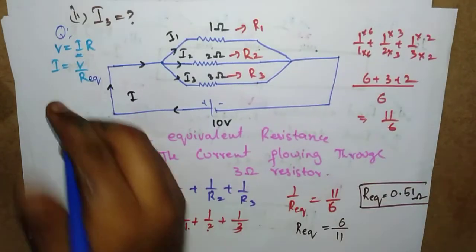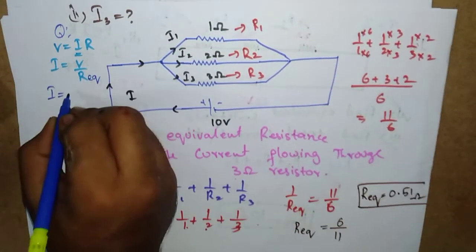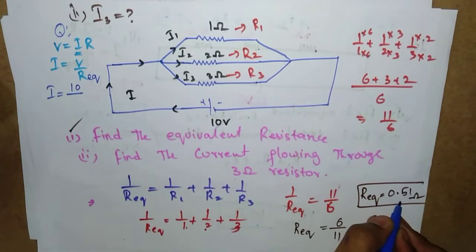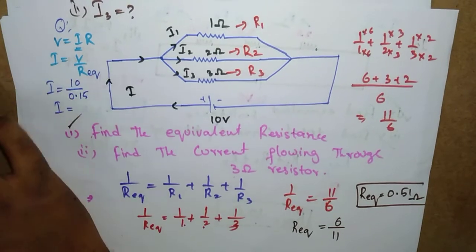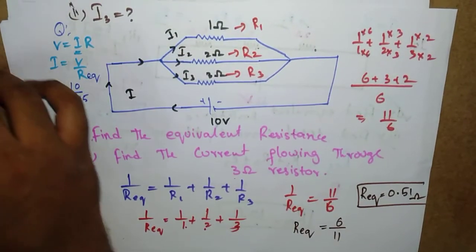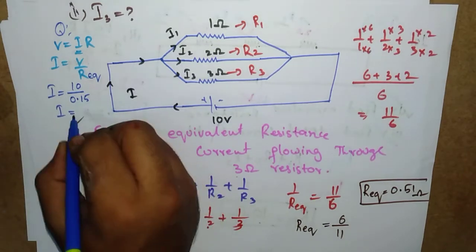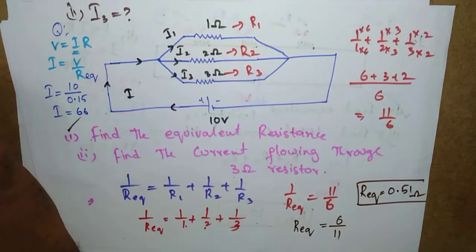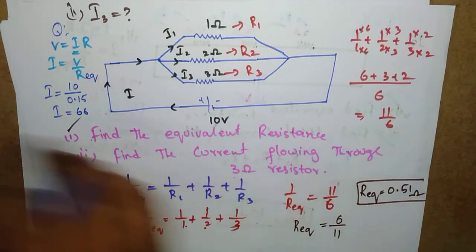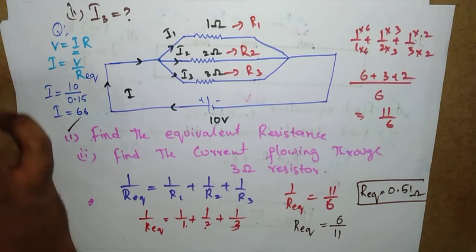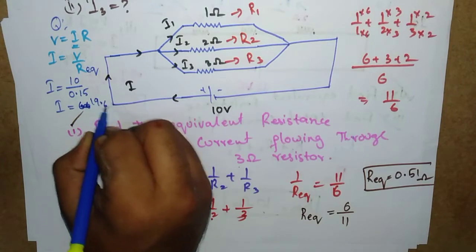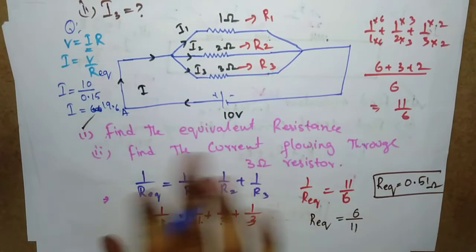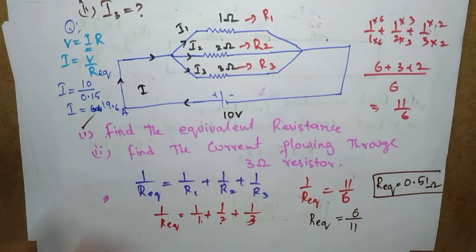Then I is equal to the voltage, 10, divided by R equivalent, 0.51. So I is equal to 10 by 0.51, which becomes 19.6 amperes. I get the value of current as 19.6 amperes.